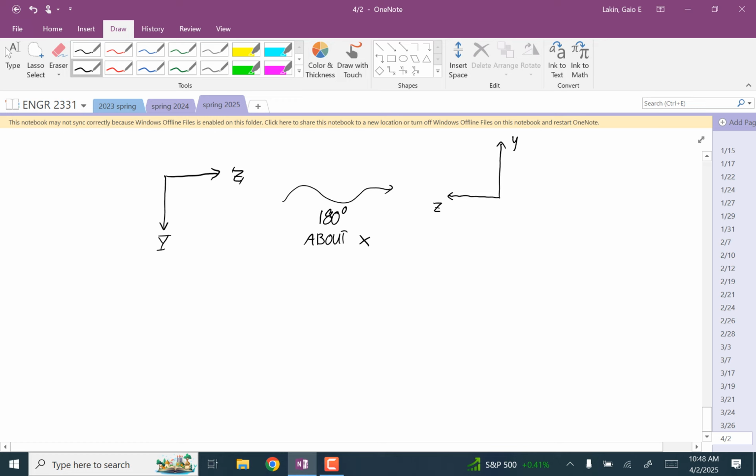And so our rotation matrix is 1, 0, 0, zeros down the column. And then cosine of 180 is negative 1. Sine of 180 is 0. And then 0, positive 1.